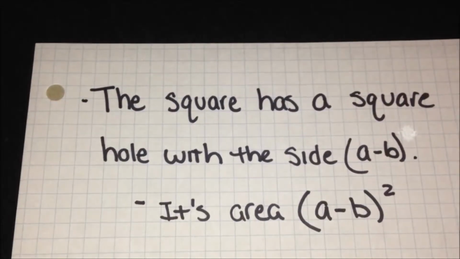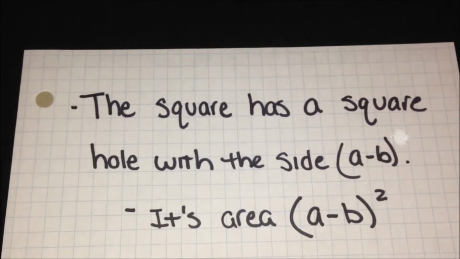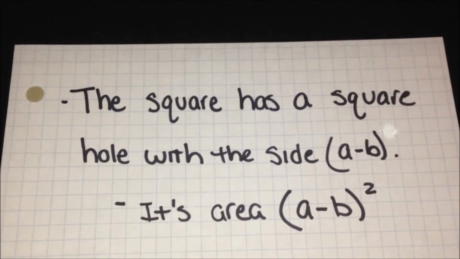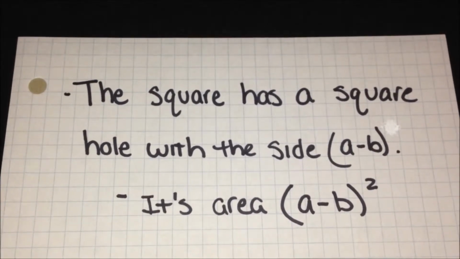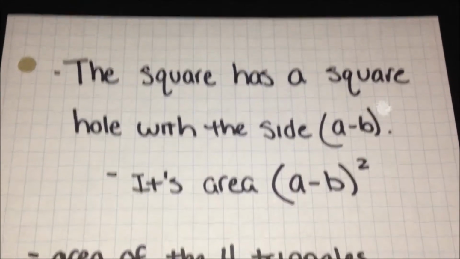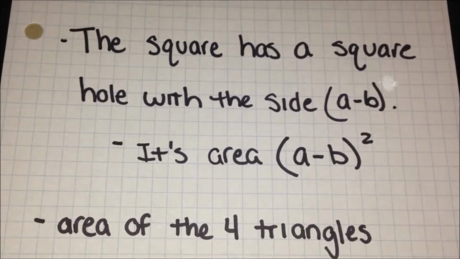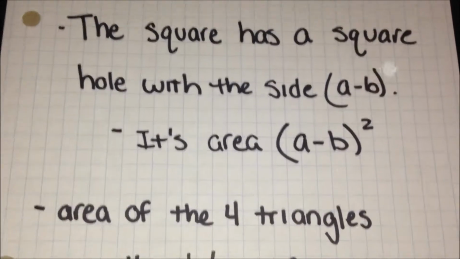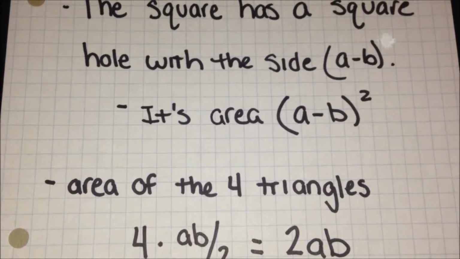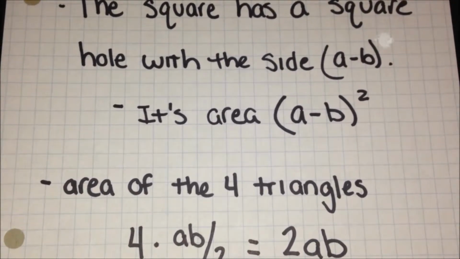The square has a square hole with the side a minus b. Considering its area would be (a minus b) squared. You add that to the area of the 4 triangles, which would be 4 times AB over 2, and that equals 2AB.